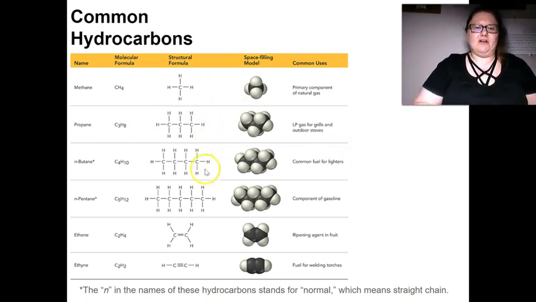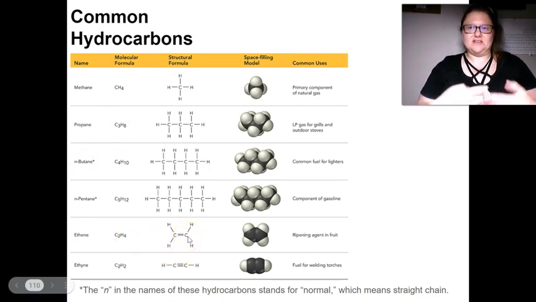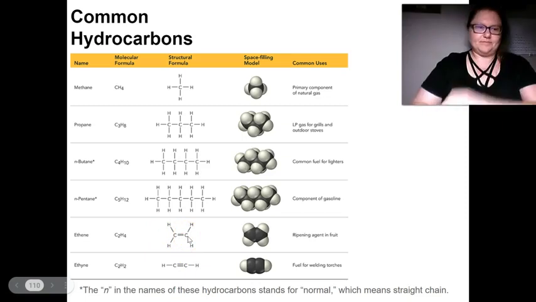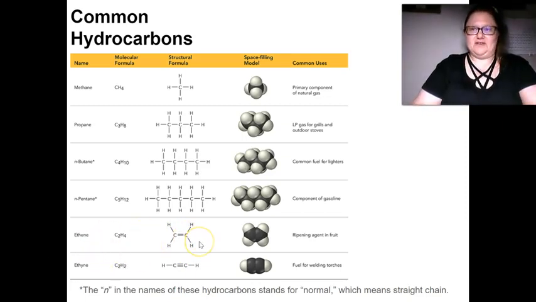Okay, these are all anes, A-N-E, because they're all single bonds. Okay, ethene, to form this ratio of 2 carbons and 4 hydrogens, the carbons would have to be connected by a double bond. And so that's the one I just built for you guys.